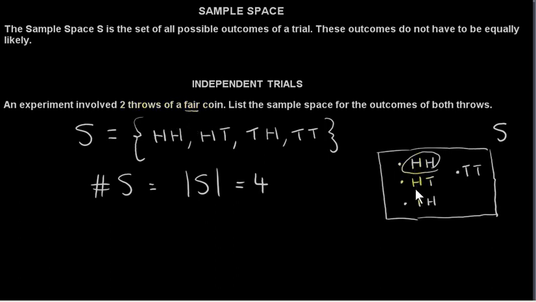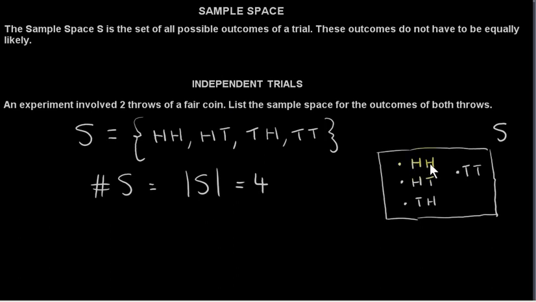Also, the result of the first throw has no effect on the result of the second throw. So if we get heads in the first throw, it should not affect the probability of getting heads in the second throw. The probability of getting heads in any throw should be a half if we're dealing with a fair coin, as we saw from the last video. And the probability of getting heads for the second throw should also be a half.